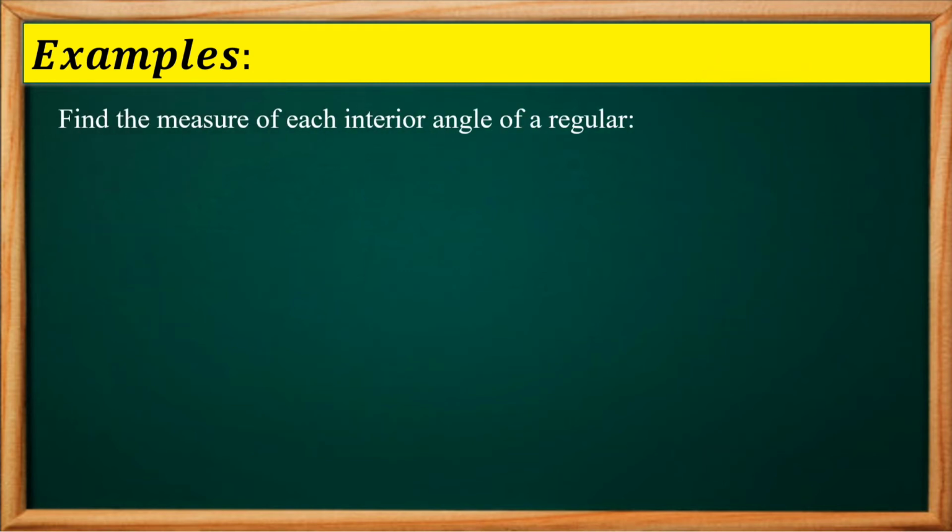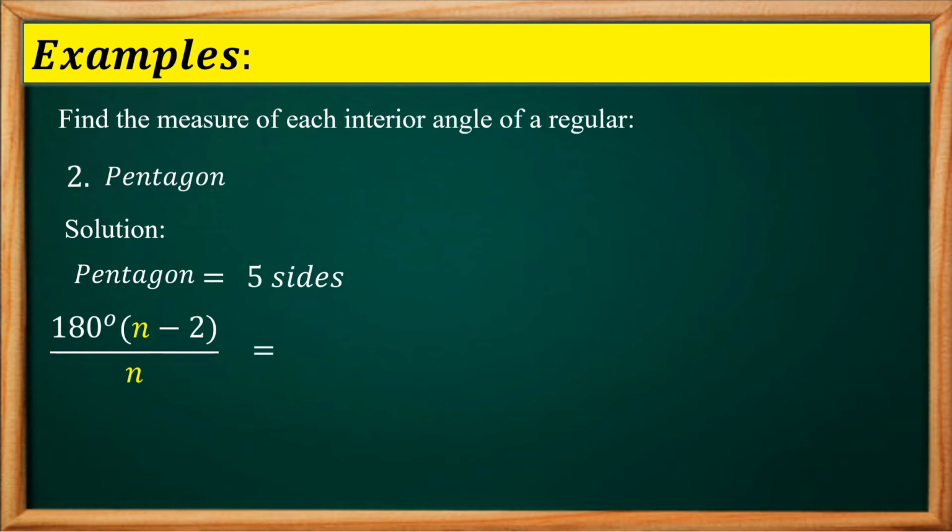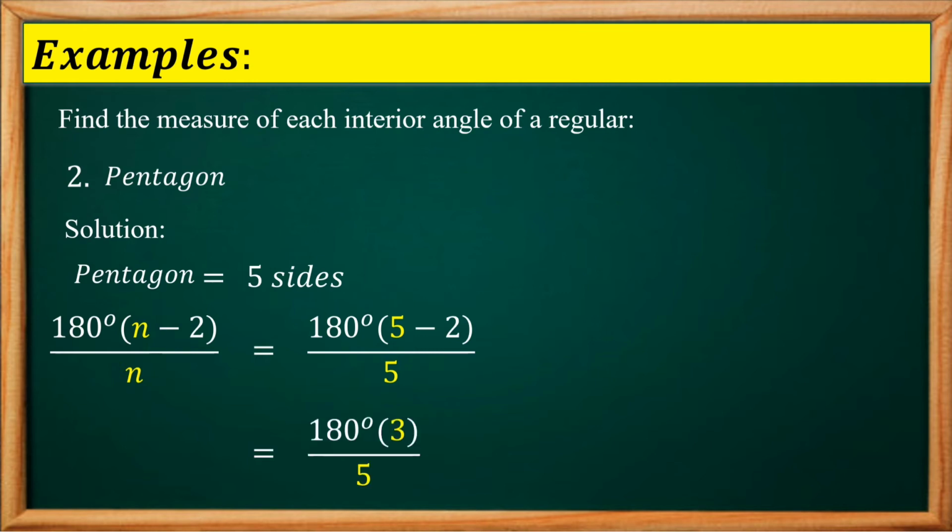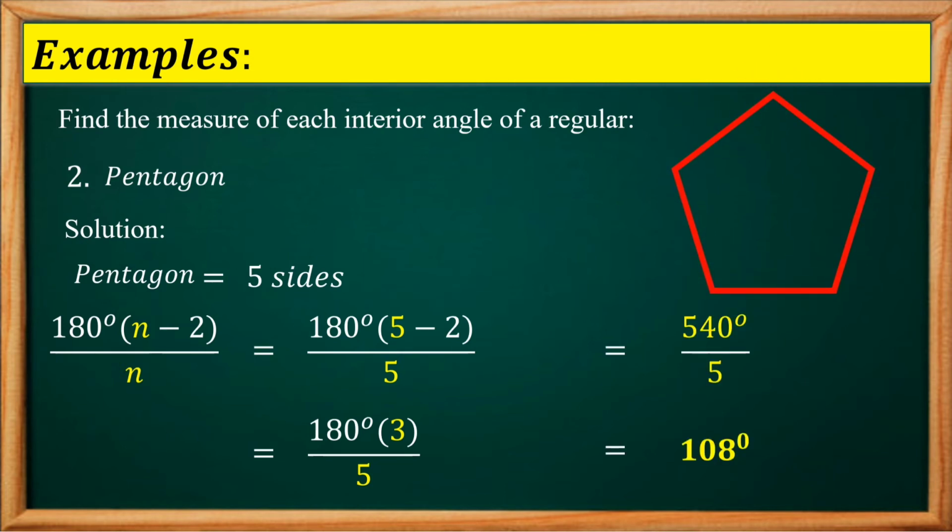Now, how about if we will have a regular pentagon? 5 sides. Using our formula, substitute the value of n, which is the number of sides, which is 5. 5 minus 2 is 3. Then 180 times 3 is 540 divided by 5. Then 108.